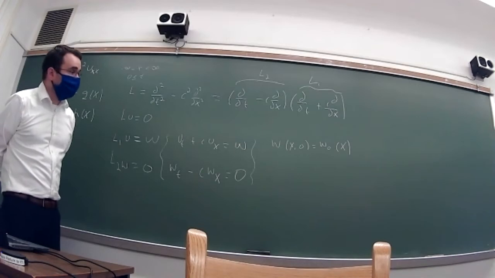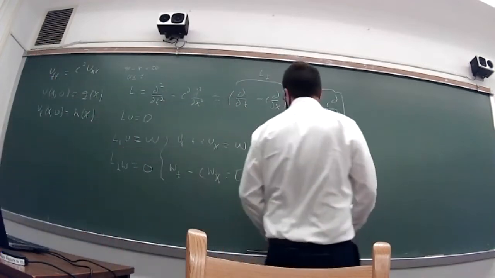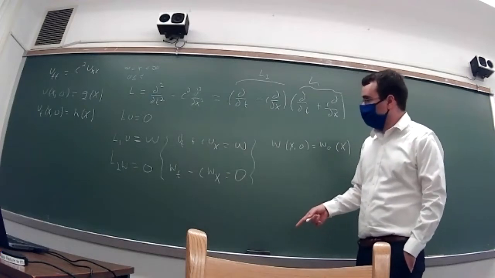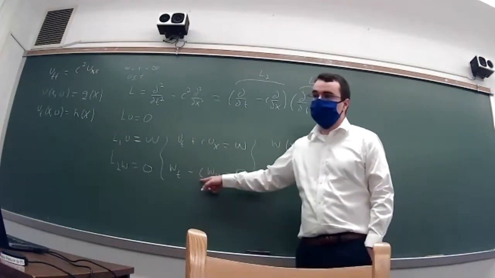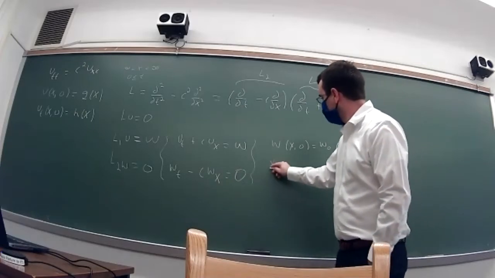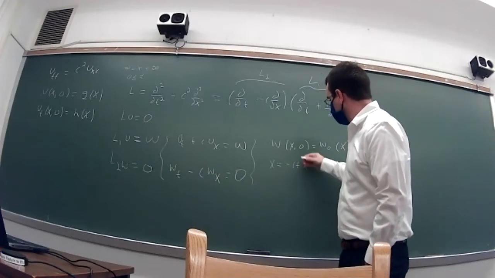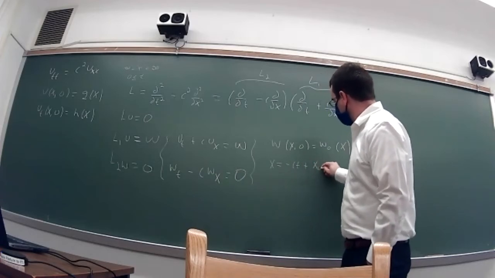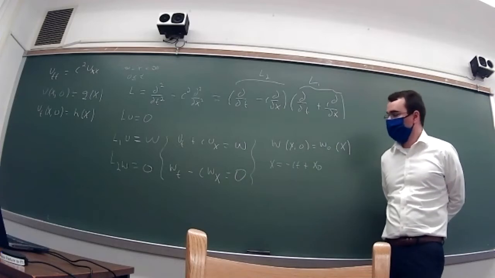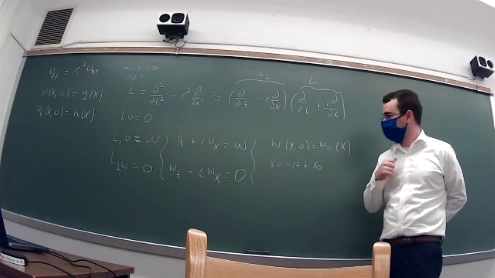So having given you some time to work, I'll show you my solution and we can compare. So first you should write down the characteristic. And since your velocity in this case is minus c, your characteristic is x(t) = minus ct plus x naught, where x of 0 equals x naught.